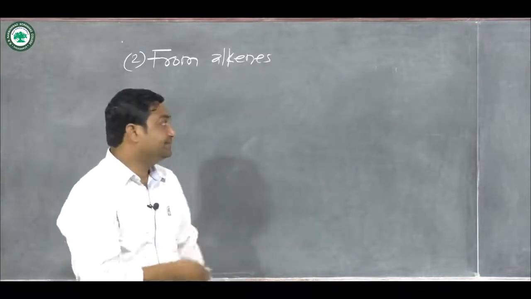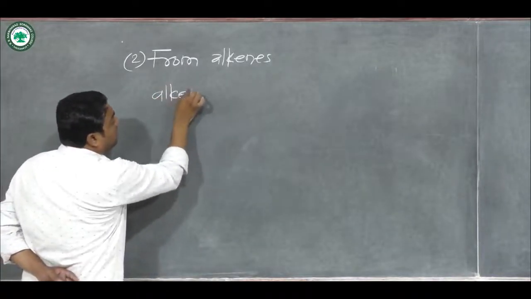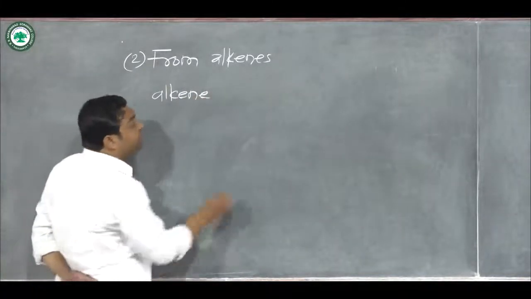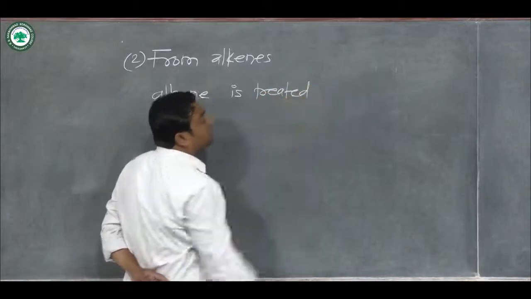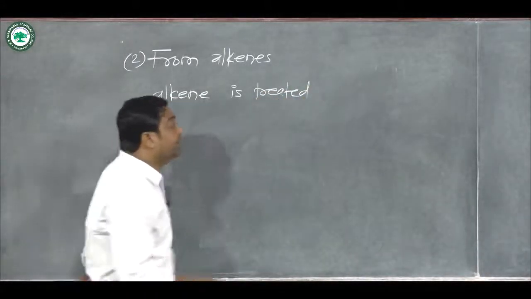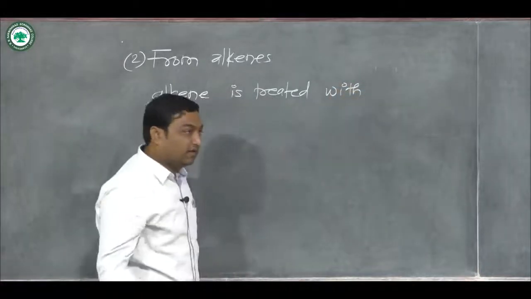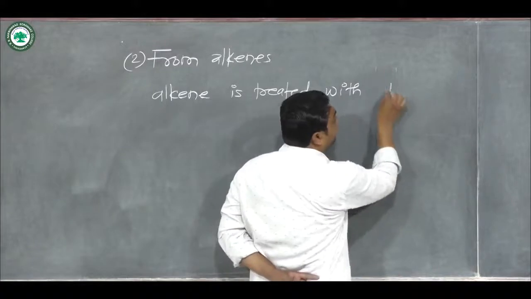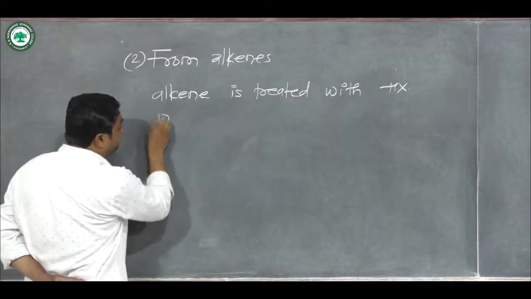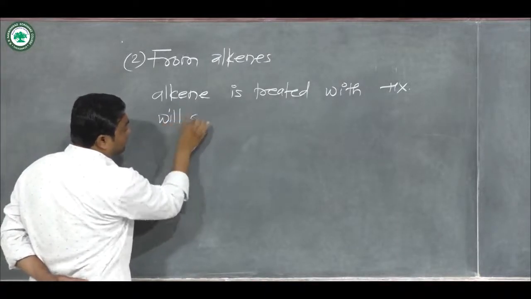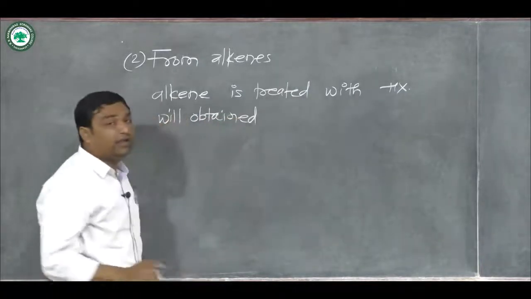In this reaction, when alkene is treated with halo acids or hydrogen halides, that is HX, we will obtain alkyl halide as a product.